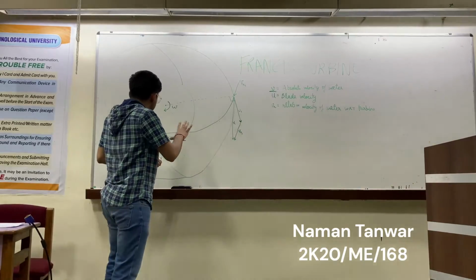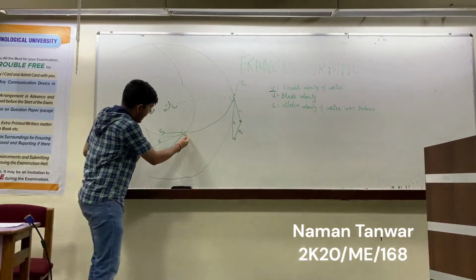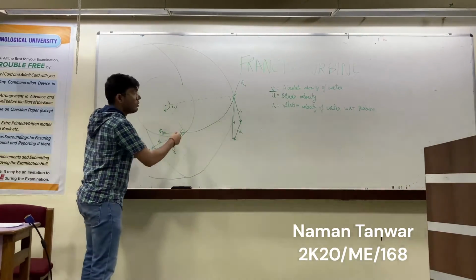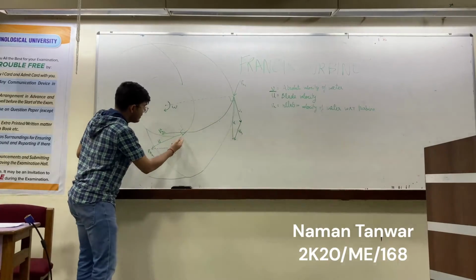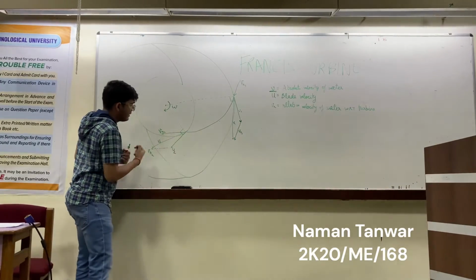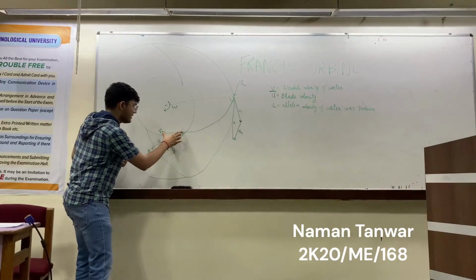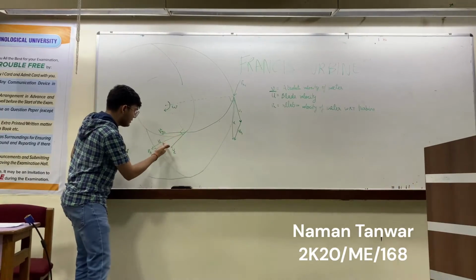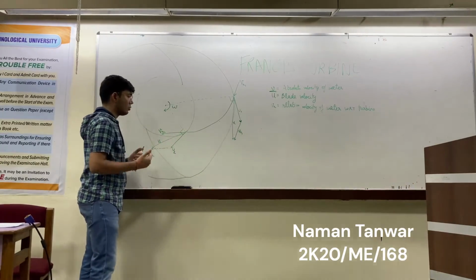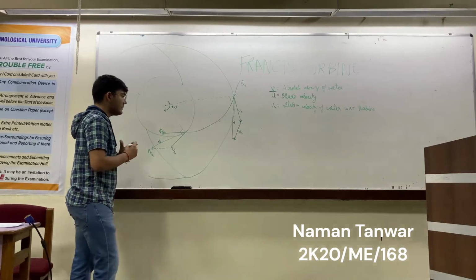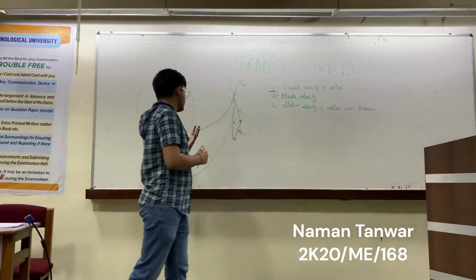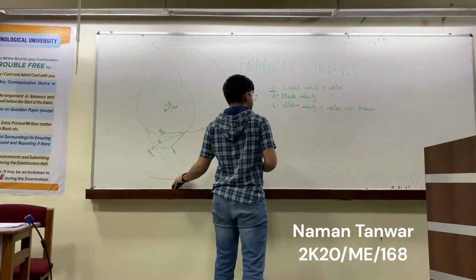Similarly this will have peripheral velocity here, or I should say blade velocity, and relative velocity here, and we will shift this vector here to get the absolute velocity at outlet. So now let's try to figure out the expression for torque here.